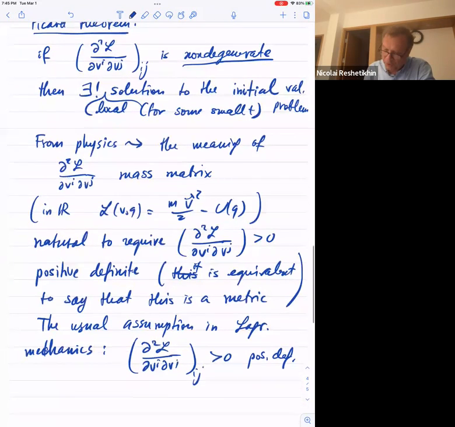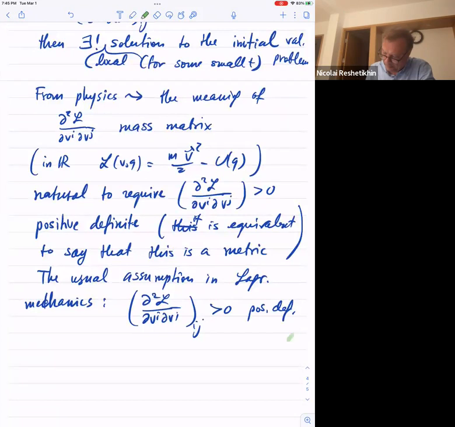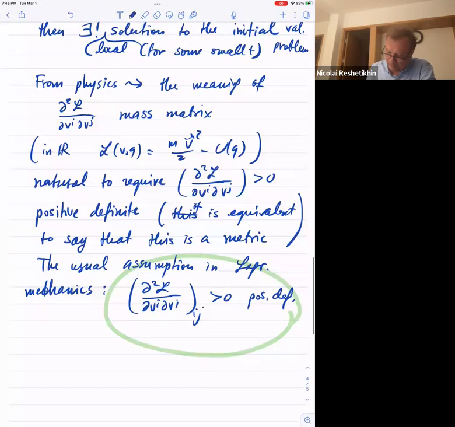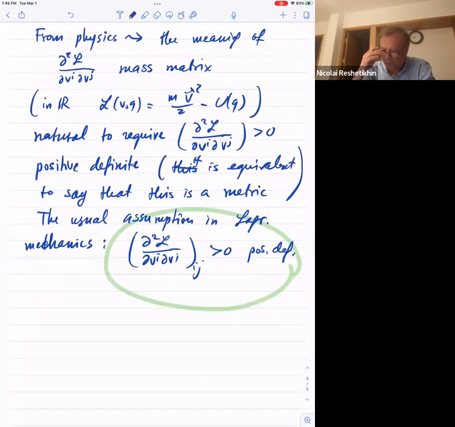Okay, so this is an assumption on the Lagrangian, a very important assumption. In particular, we will see that when we pass to Hamiltonian mechanics, we will use this assumption in order to make the Legendre transform in the tangent directions of the manifold.